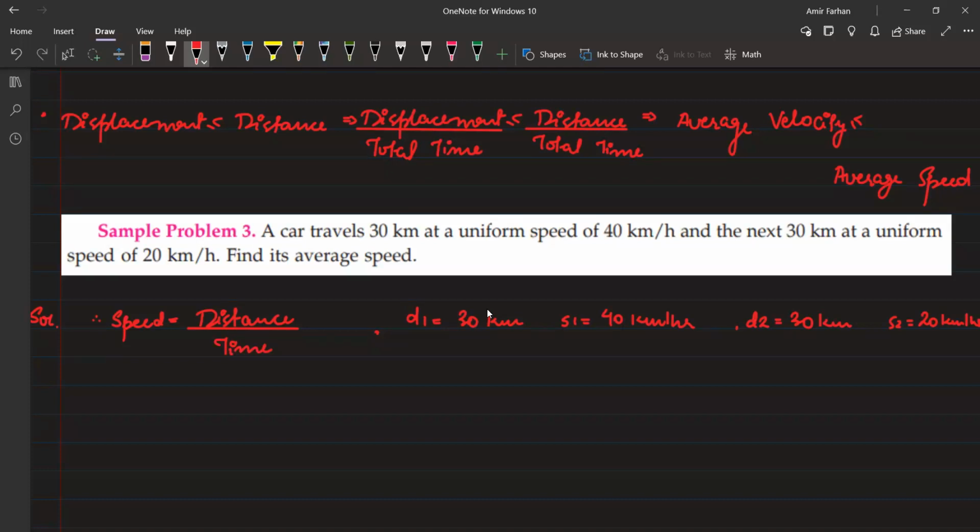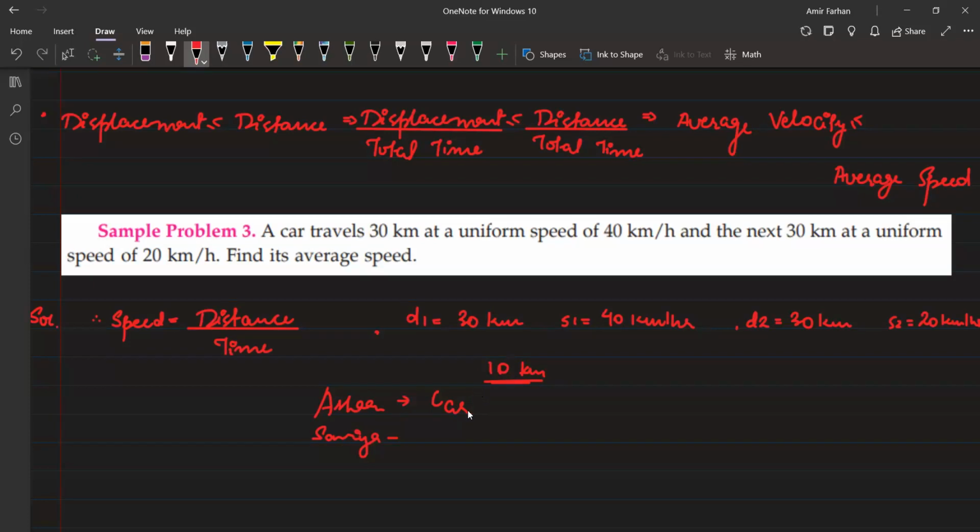Let me ask one question. Suppose Arhan, you are going with a car, and Samia, you are going by walk. The journey is of 10 km.